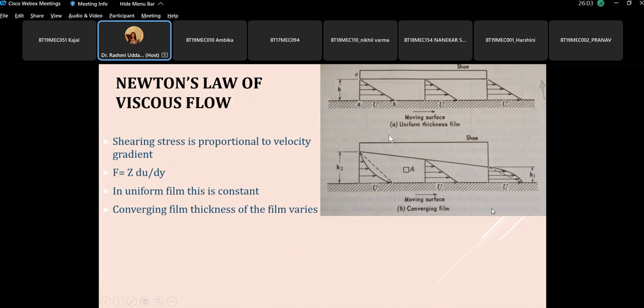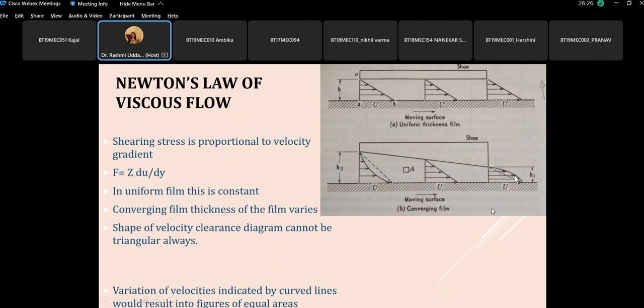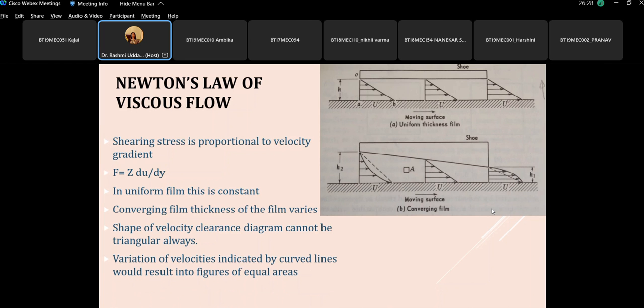But when this film is converging, so here the height is h2 and here the height is h1, and the film thickness is varying, the velocity gradient is also varying. And so the shape of this velocity distribution diagram no more remains triangular. It changes in case of a converging film, such that, as we discussed just now, the area remains the same.